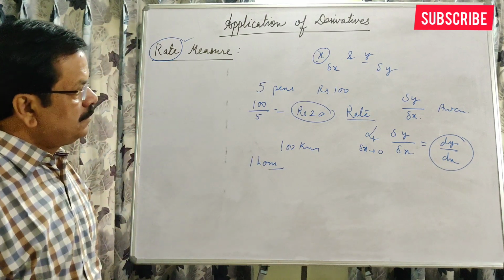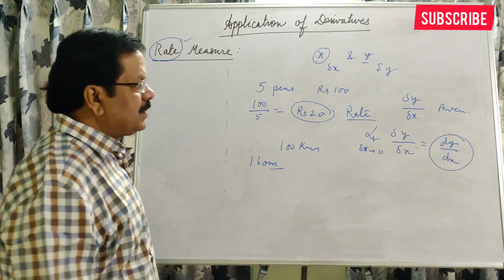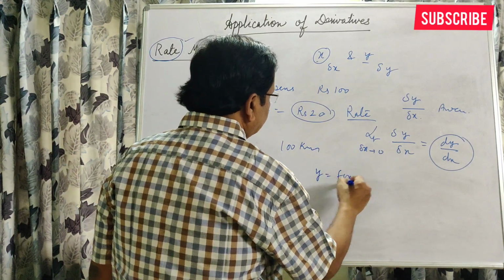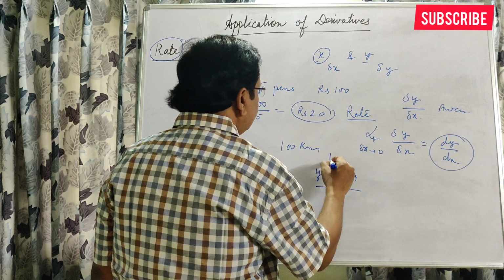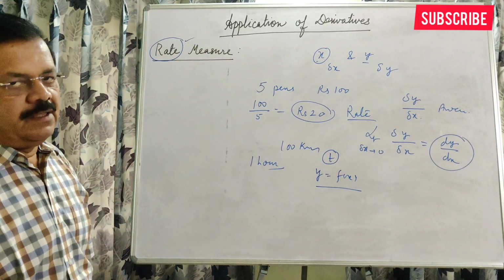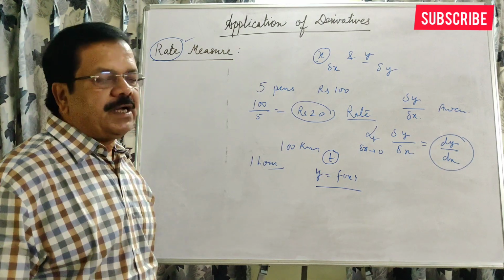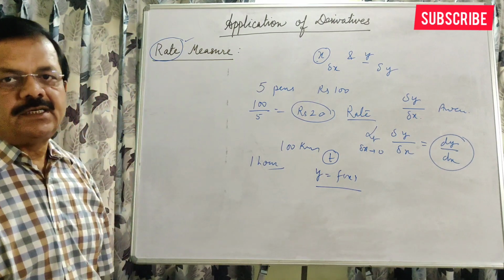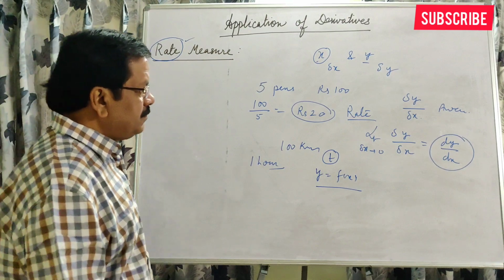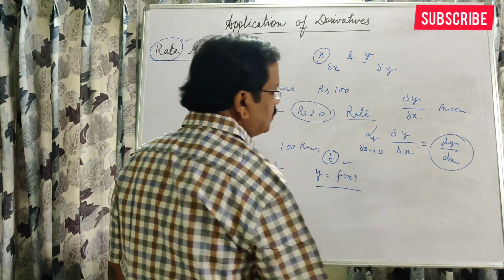And suppose you get a function y equals f(x) in such a way that there is another parameter t, then in that case we will find dy by dx as dy by dt upon dx by dt. Now this is the parametric function.